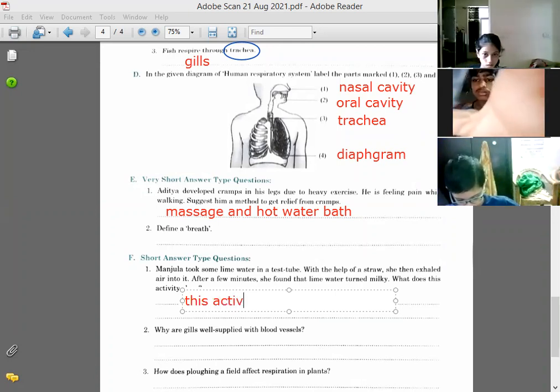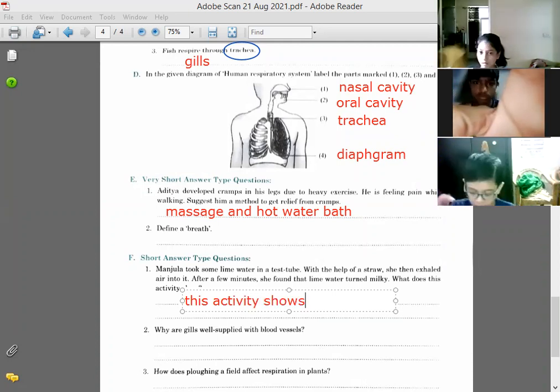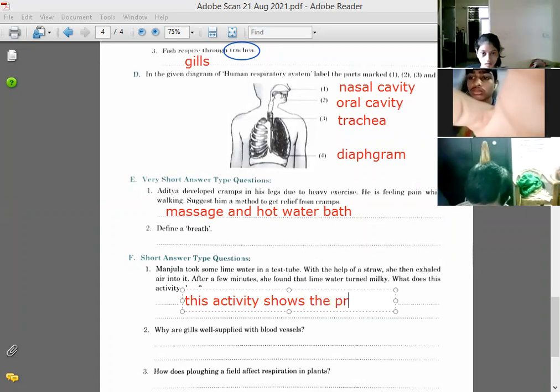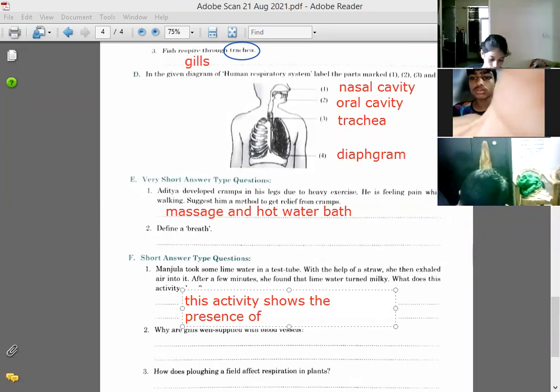Yes, Kavya. Ma'am, it shows carbon dioxide. Mahi. Ma'am, it is because of the presence of carbon dioxide. Yes, ma'am, this activity shows the presence of carbon dioxide.